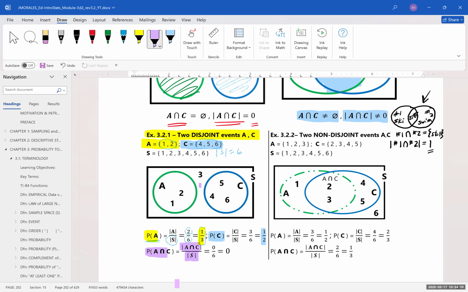Well, because they don't overlap, there's going to be 0 elements in their intersection. And what's the order of the sample space? It's still 6. What's 0 divided by 6? 0. So because A and C don't overlap, there's absolutely no probability that you're going to get the intersection of those two.